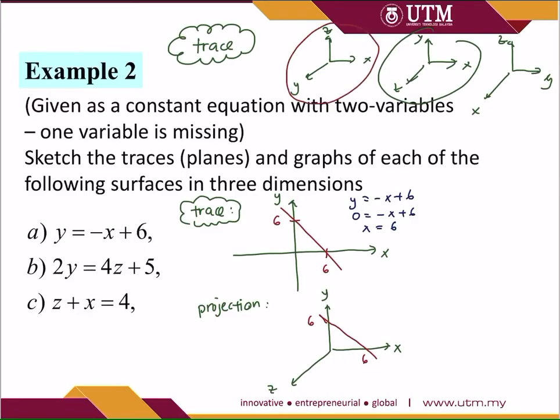Basically you still need to project like this, where x has the intercept 6, and y also 6. It depends on the axis that you sketch. So now this is the projection.